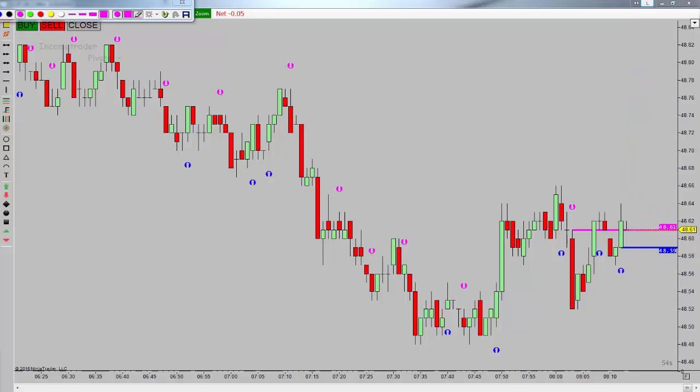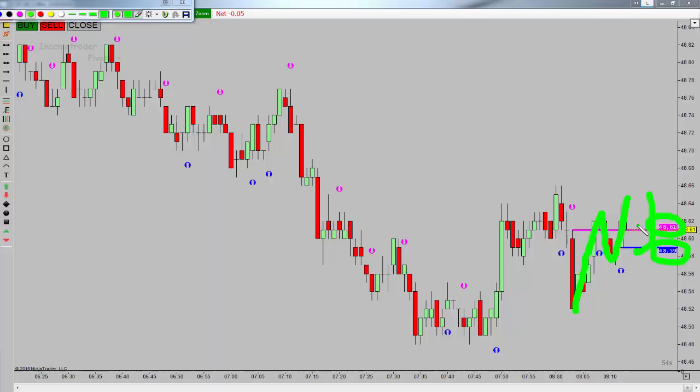In our example right here to the right, we have a potentially strong move to the upside coming because we have the market in an upward trend here. We just had a change of trend right through here, and we've got a close above the upper number at 48.61. And what we're looking for then is, if that blue line is below the magenta line, we are looking for a big move up, because we're basically going to look for this blue line to cross over.